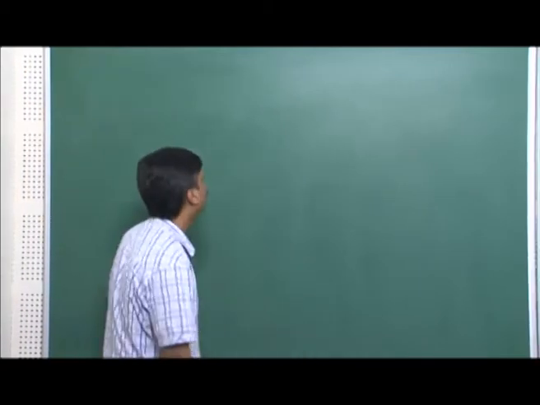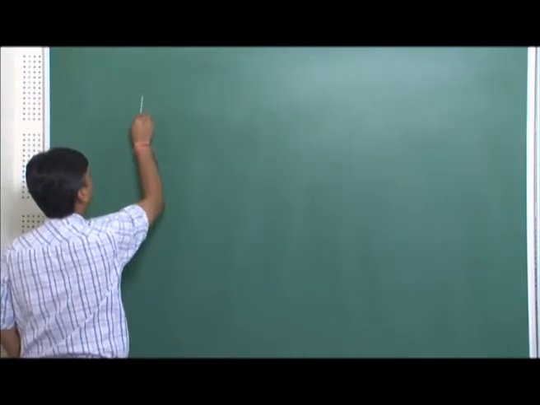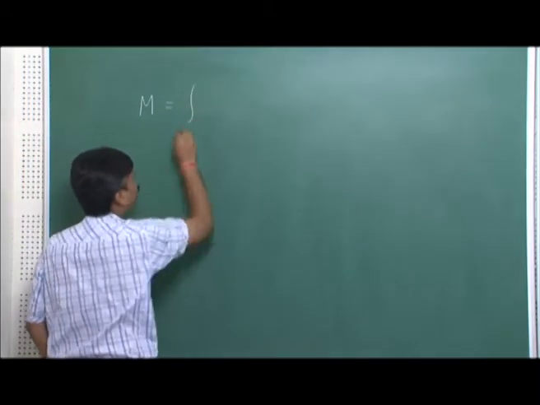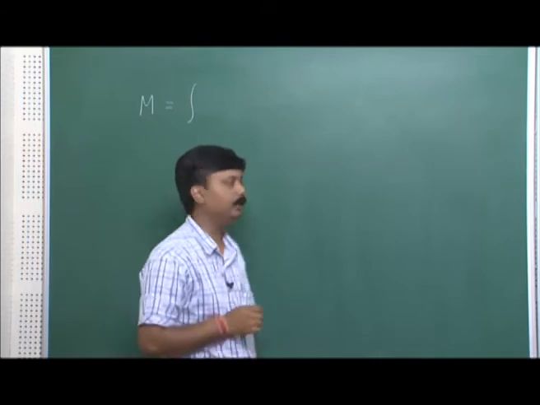So ultimately what we got by the transition moment integral is the product of three integrals.